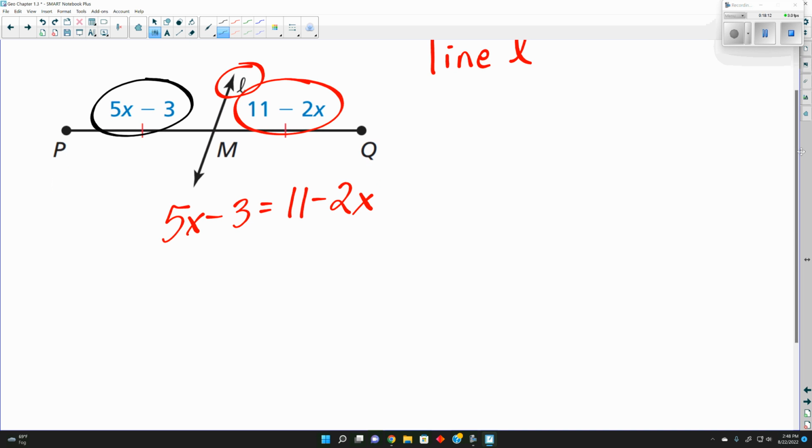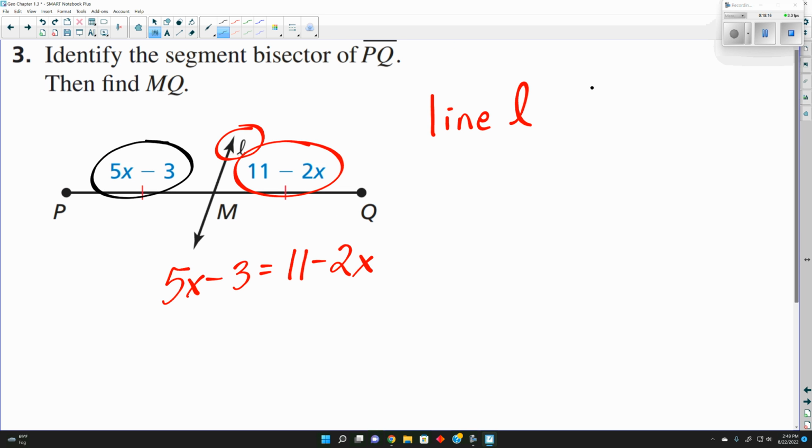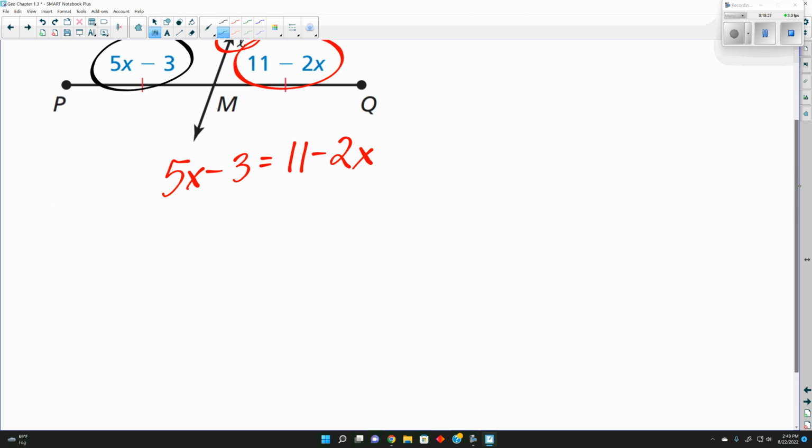Because if I want to find the length of MQ, we need to find the value of x to be able to plug back in. So we're solving for x first. Now looking at this here, what do we need to do first to get x by itself?